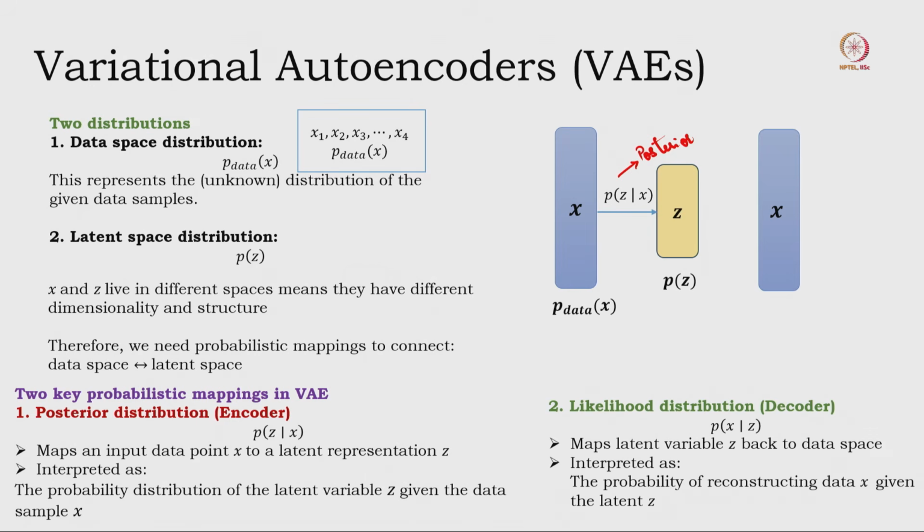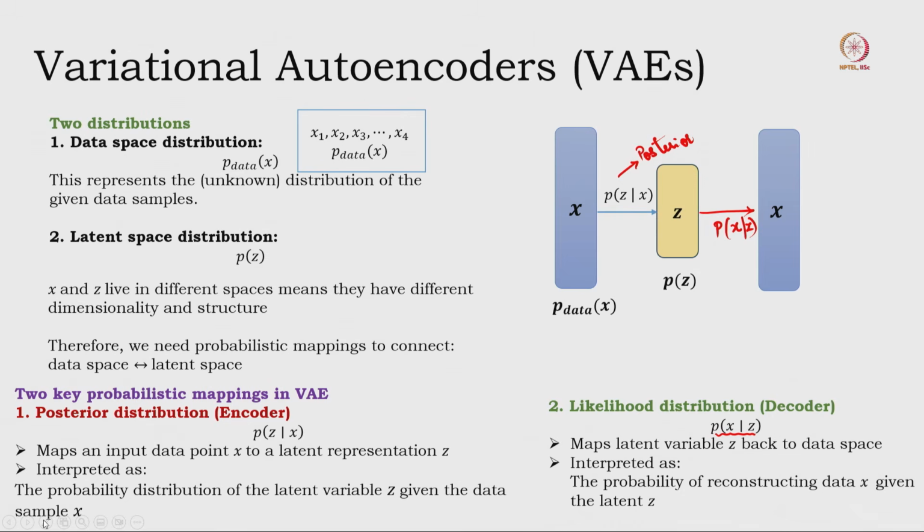And the second probabilistic mapping is the likelihood distribution. What is the likelihood? Now, you have Z. What is the probability that we will get the reconstruction X given this Z? What is the probability of reconstructed data X given the latent space Z?